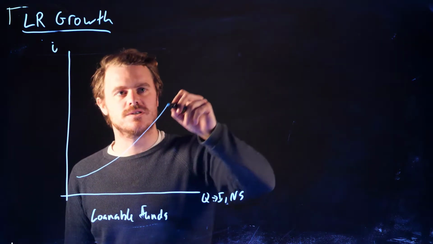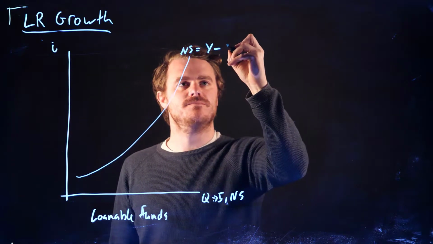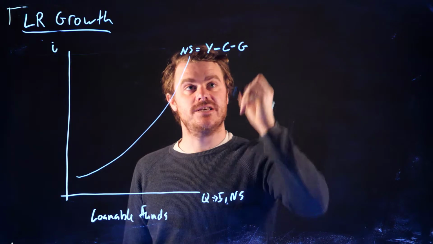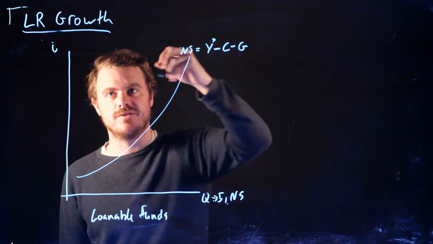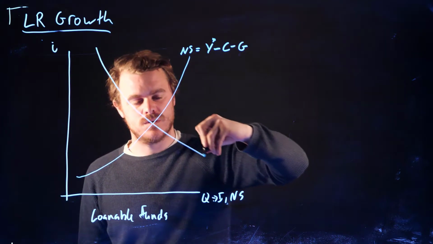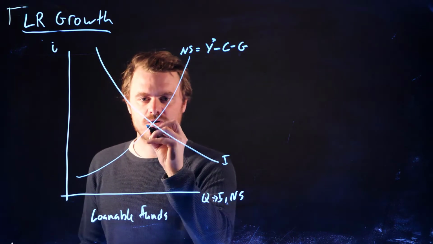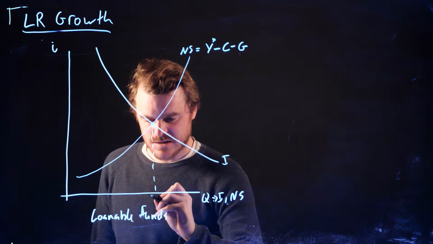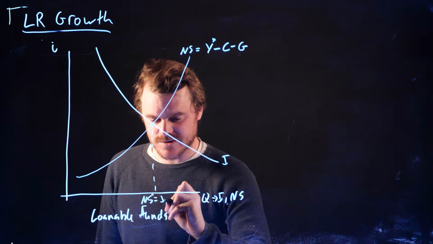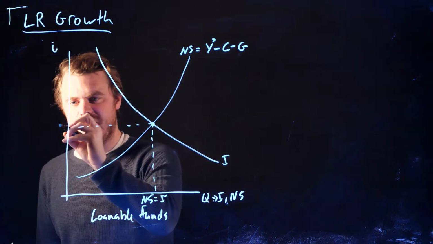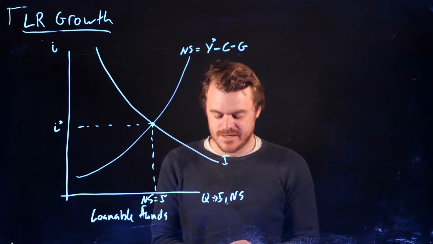We have this upward sloping national savings function, which is Y star minus C minus G, because we're at this long run equilibrium. And here's our desired investment. Where they cross determines where national savings equals investment, and that was determined by this endogenous interest rate, I star.